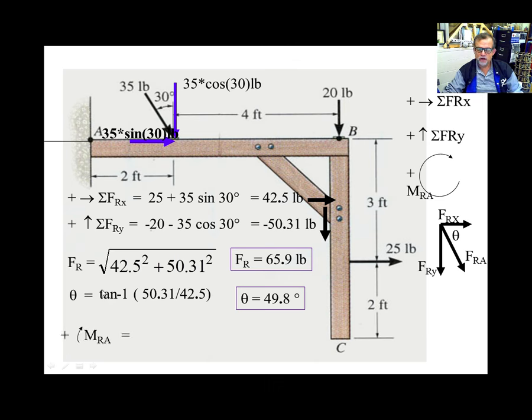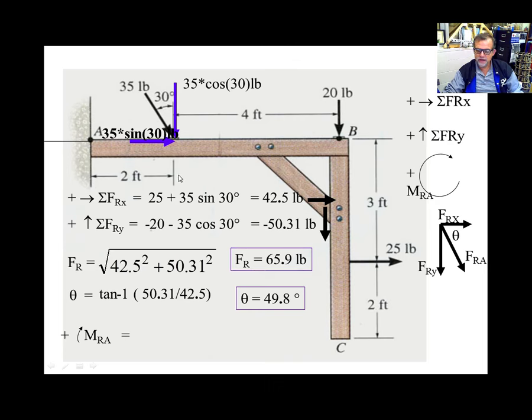So if we're going to do that, this force, first of all, this component is passing through the point. Because that component passes through the point, I can slide it there. If the force is horizontal, the vertical distance between this force and the point A is 0. So that force basically is not producing any effect. Now this other force here is a vertical force, so the distance has to be horizontal from here to here. 35 cosine of 30 is the force, and the distance is 2.